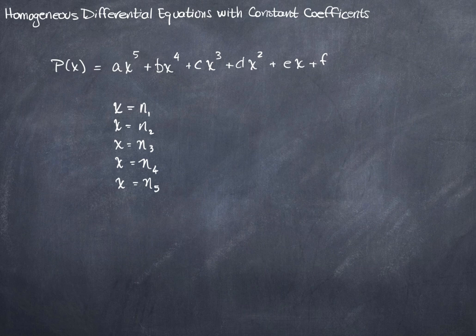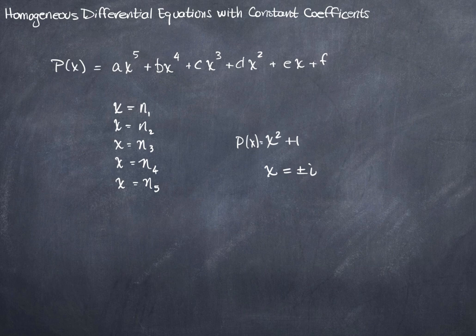Actually, it doesn't even have to be a real number, right? For example, the polynomial p of x equals x squared plus 1 has 2 roots. X equals plus or minus i. Those are complex numbers. X equals 0 plus 1i and 0 minus 1i. Those are the 2 solutions to that quadratic polynomial.